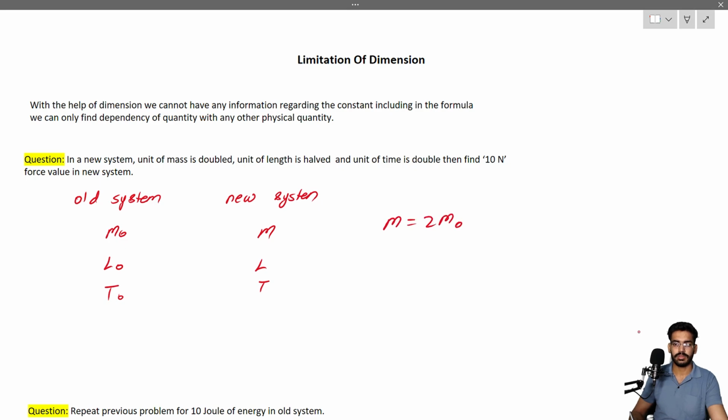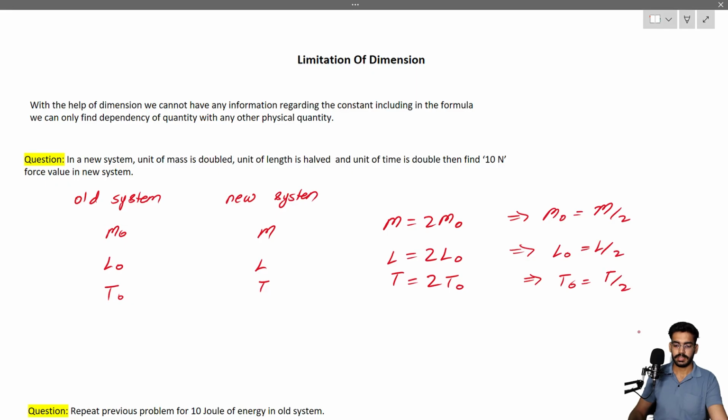So the new M is 2 times m naught, L is 2 times L naught, and T is 2 times T naught. That's how it is given, right? From here I can write m naught is M by 2, L naught is L by 2, and T naught is T by 2, right?